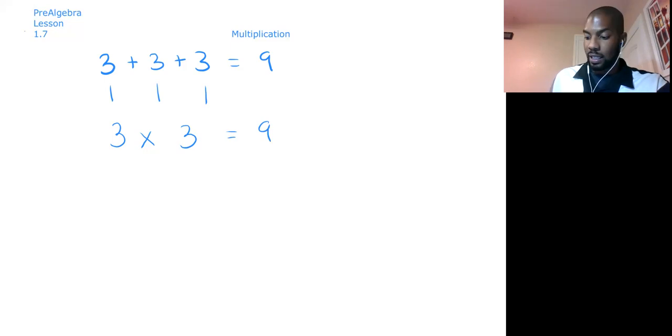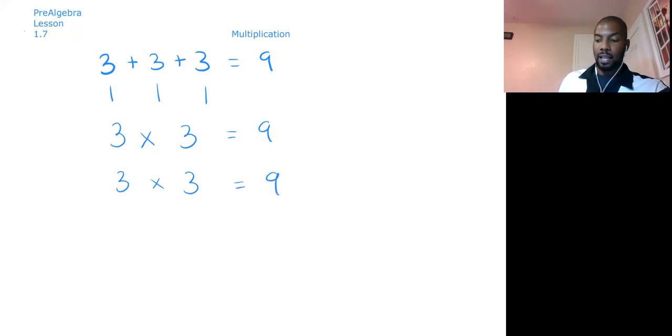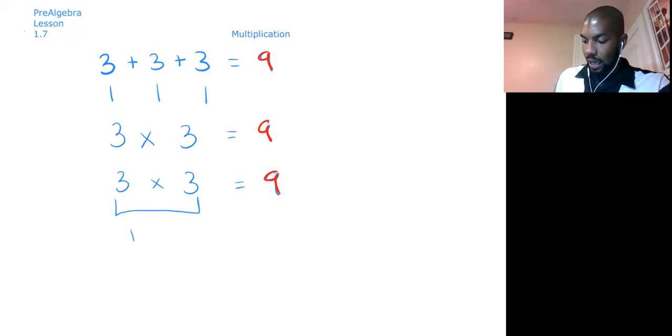Another way to say this is 3, how many times? 3 times, which is 9. The numbers in blue are what we call factors. Those are the things you put into a multiplication problem, the numbers. And what comes out on the other side, the output, is the product.